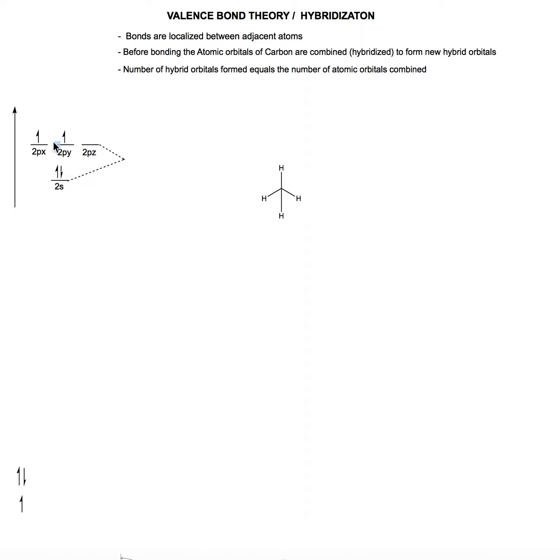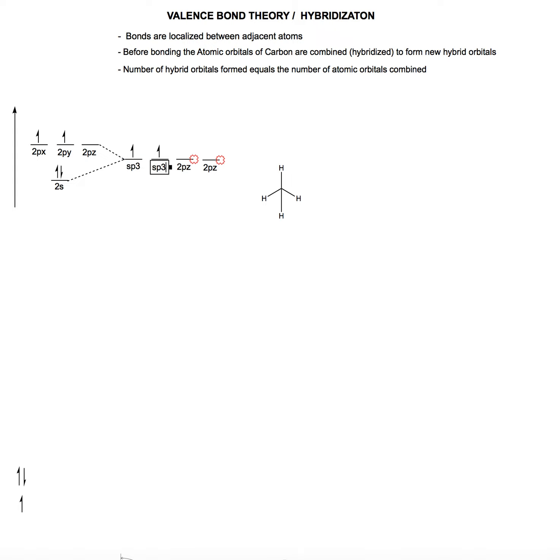So combining 4 atomic orbitals will lead to 4 new orbitals, and because we are combining 1s and 3p, we call them sp3 hybrid orbitals.